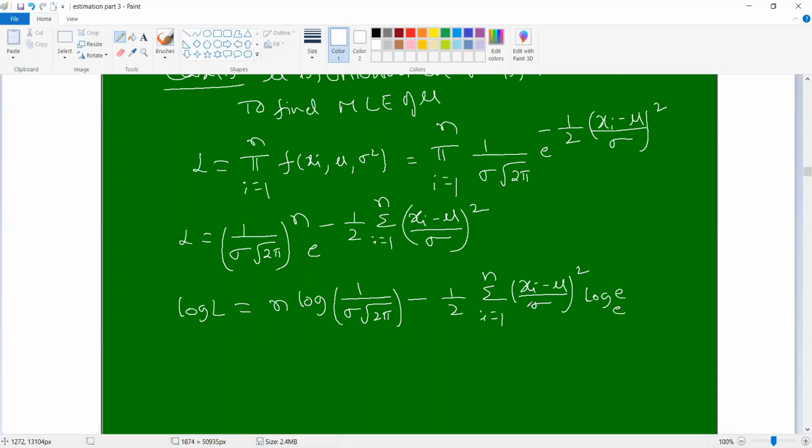Sigma is a known value, a constant value, taken outside. Log L is equal to n into, this is totally a constant value. Sigma is a known value, and root 2 pi is what? This is a constant value. This is completely constant.